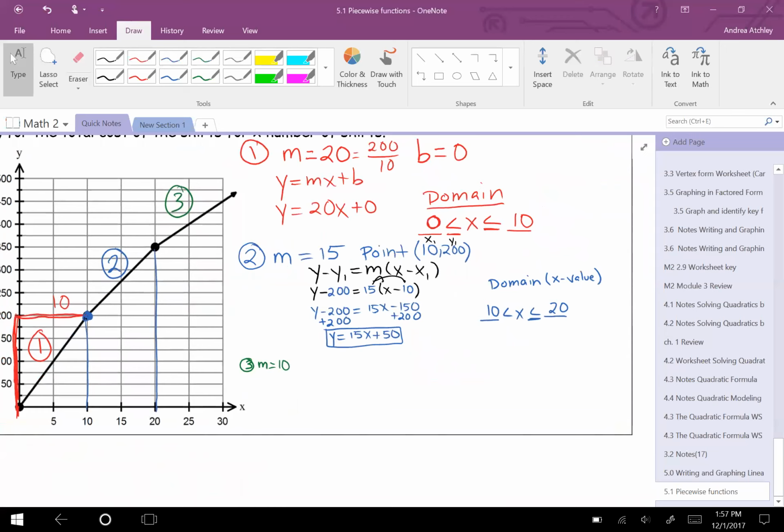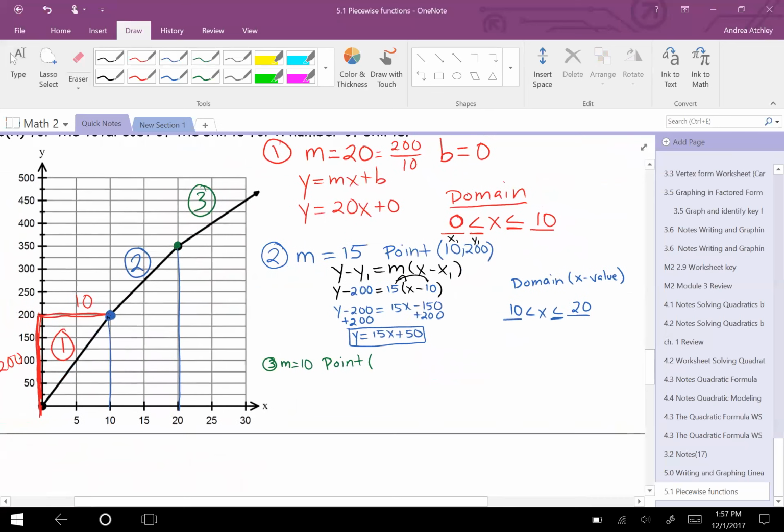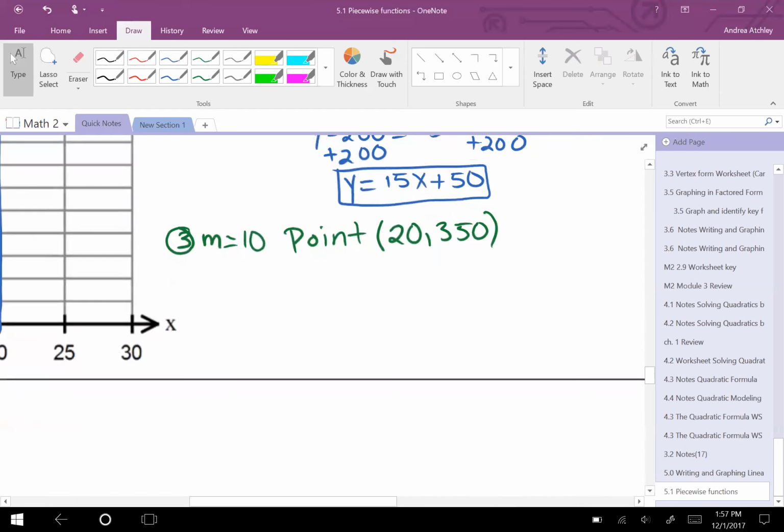So I need to use my point. And I'm going to use a point right here. And my point is 20 and 350. Any questions?